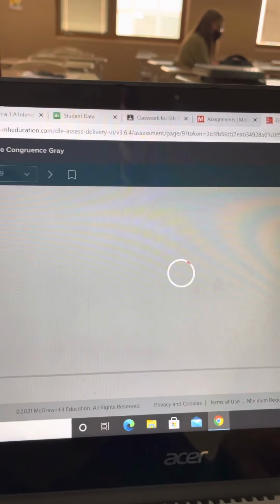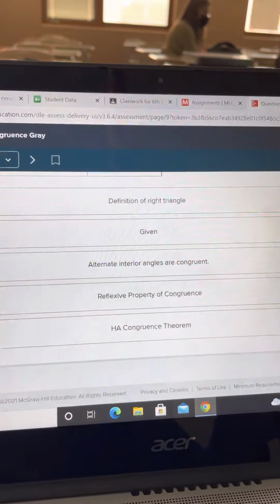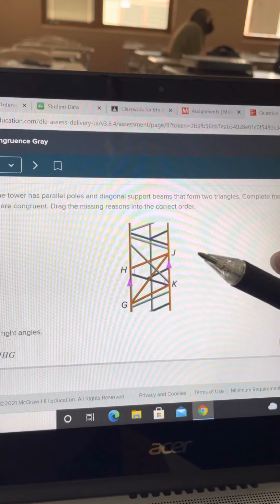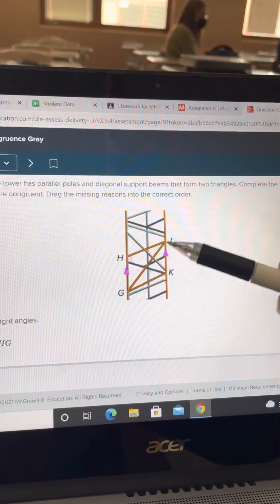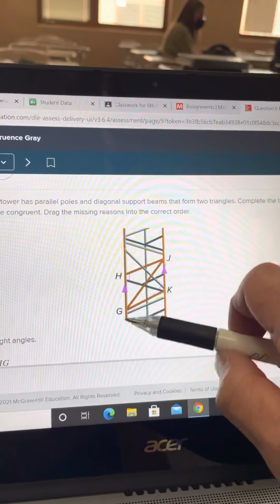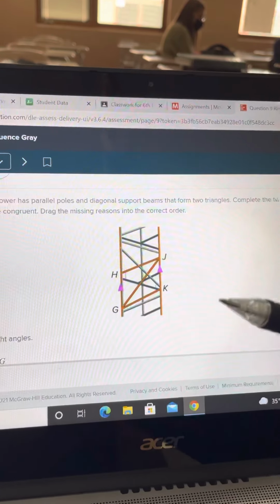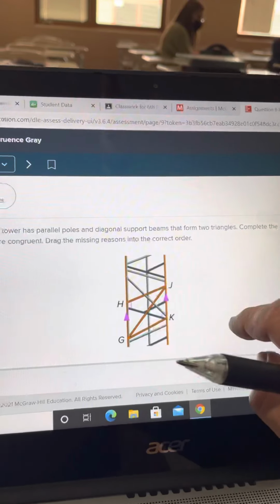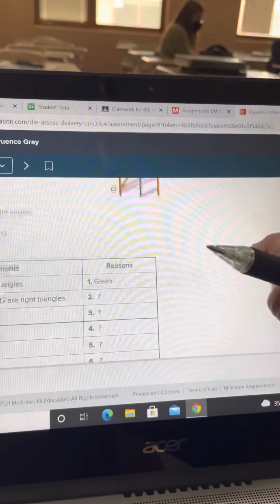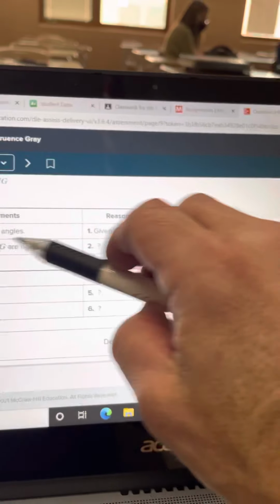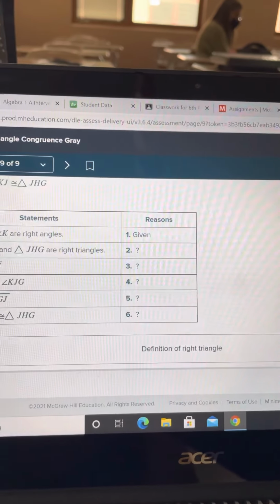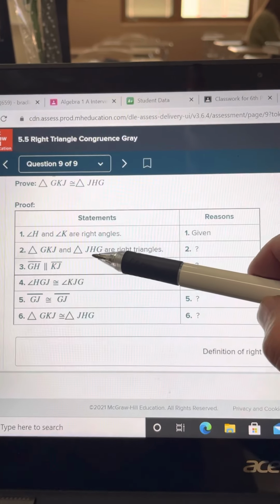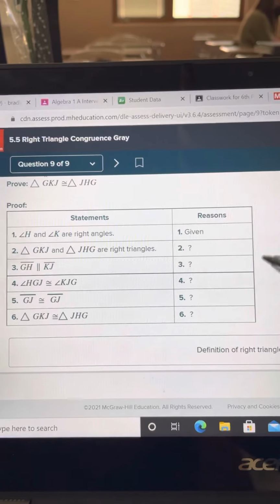And then number 9. For this cell phone tower, we have these beams that make up these two triangles, and to complete the 2-column proof for those two triangles, we are given that angle H and K are right angles, and so triangle GKJ and JHG are right triangles.